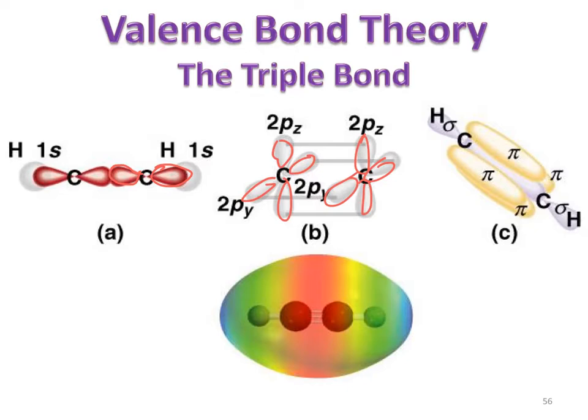The result is 2 pi bonds, one that goes kind of across and one on top and bottom. The result is much increased electron density between the 2 carbons here, and the bond is also shorter.